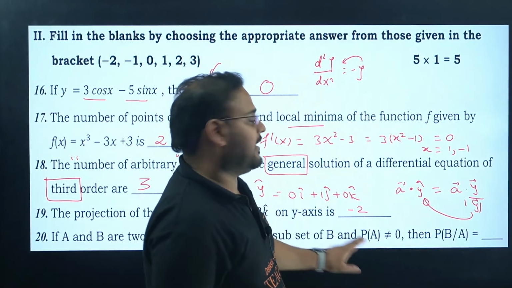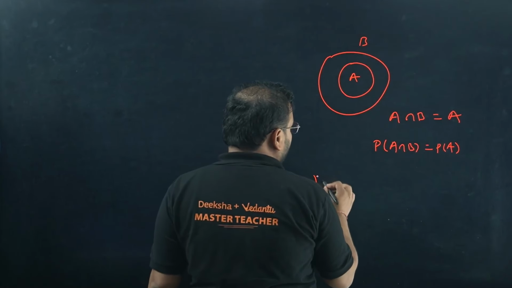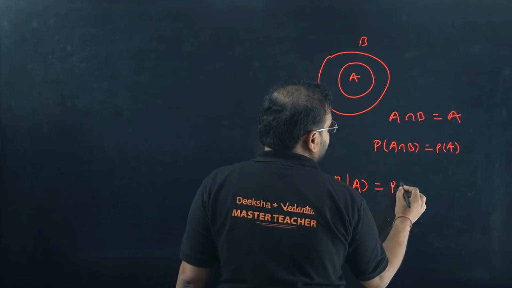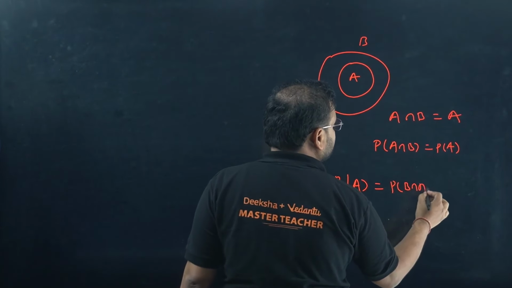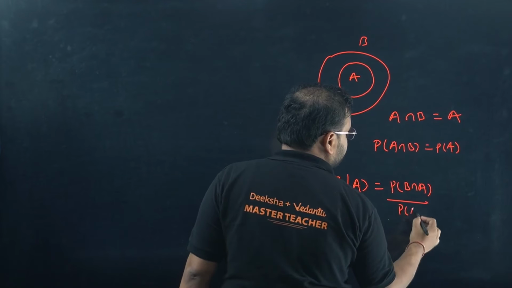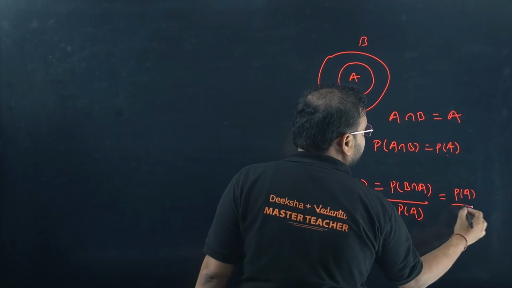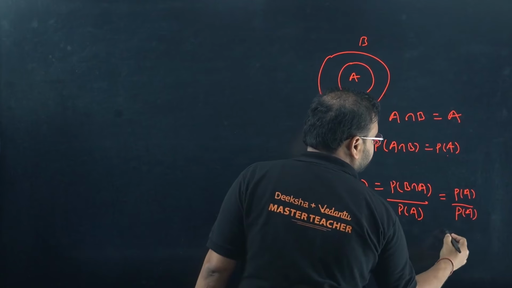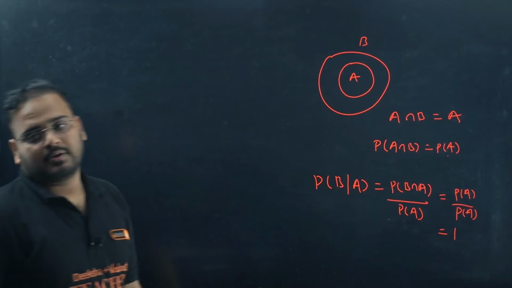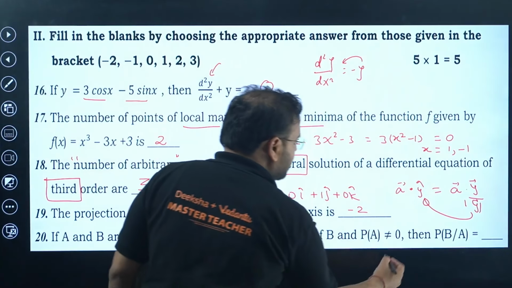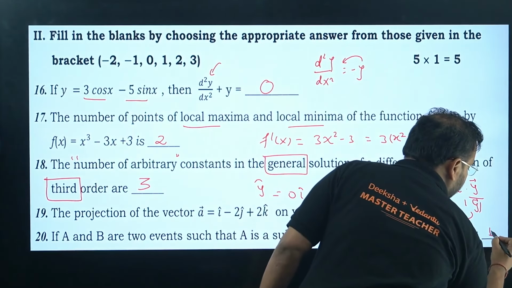P of B conditional with A. Means I'm looking for probability of the event B when event A has already occurred. We have the formula P of intersection with A by P of A. This is nothing but P of A by P of A, 1 is the answer. This answer is 1.